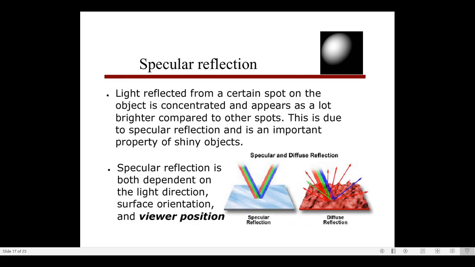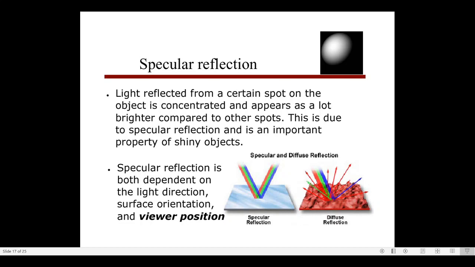That can be done with the specular reflection model. Light reflected from a certain spot on the object is concentrated and appears a lot brighter compared to other spots. This is due to specular reflection, and it is an important property of shiny objects.